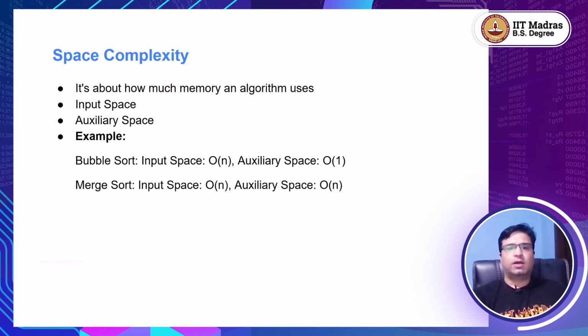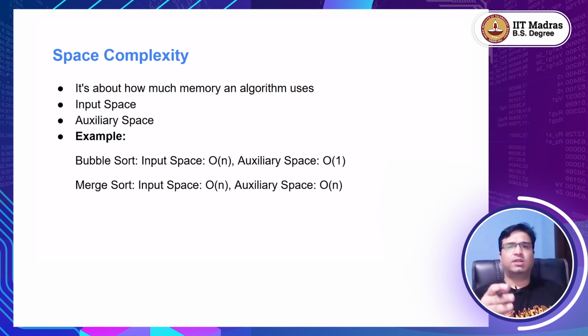For example, in bubble sort, the input space required is big O of n, which is required to store the input list. And we generally use some temporary variables for basic purposes, and that takes constant space. So we generally consider auxiliary space required as big O of 1.